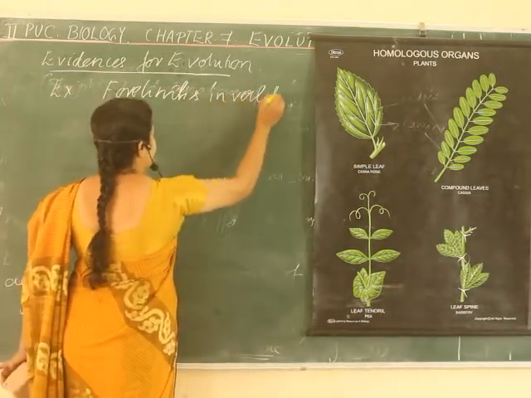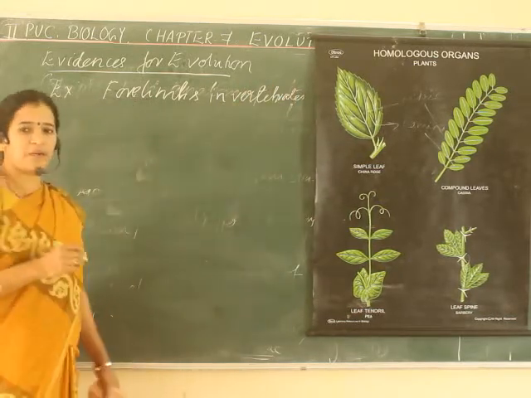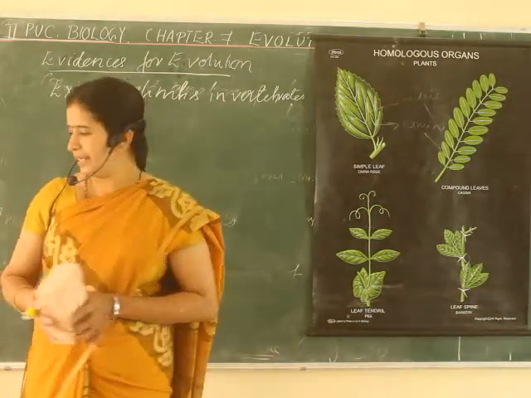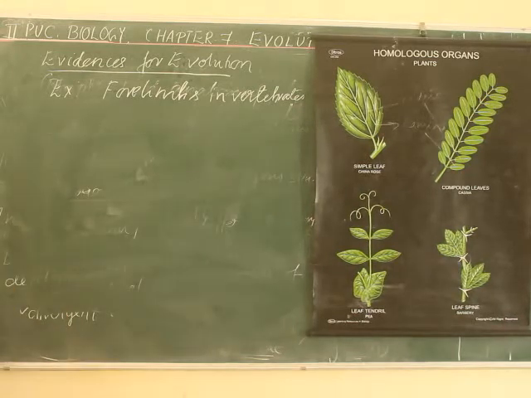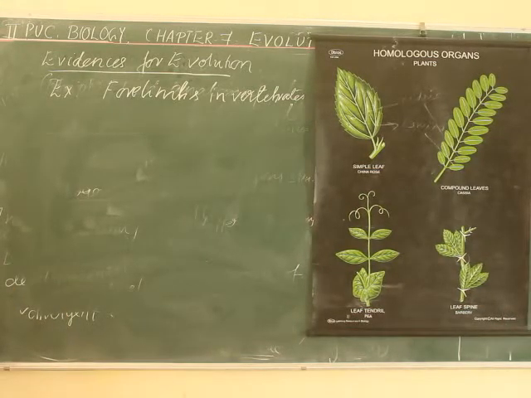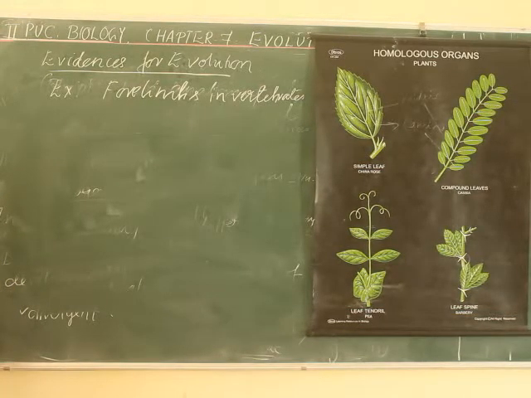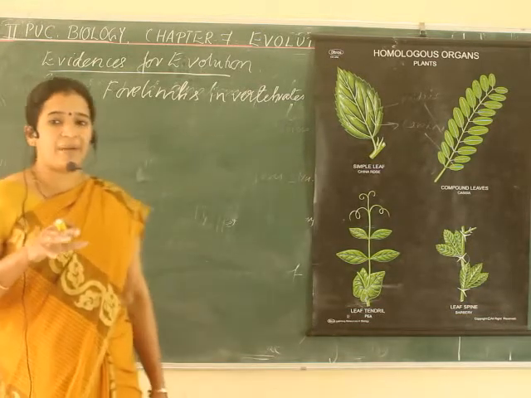Now look at the diagram given in the textbook. You can see the forelimbs of man, cheetah, bat, and whale. This shows that these all may look different and their function is different, but they are built on the same pentadactyl plan.